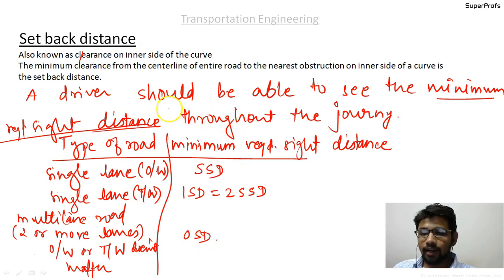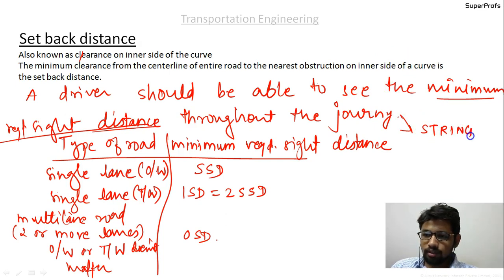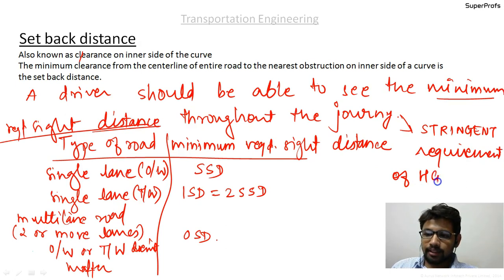So the driver should always be able to see this minimum required sight distance throughout the journey, and that is the very stringent requirement of highway geometric design.